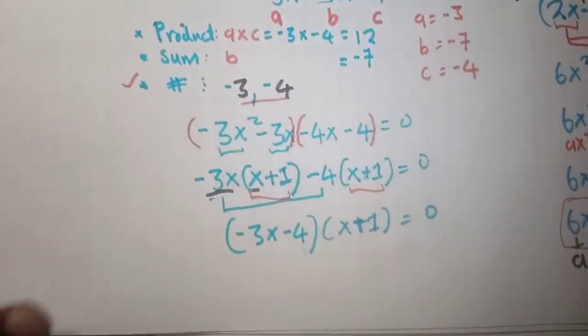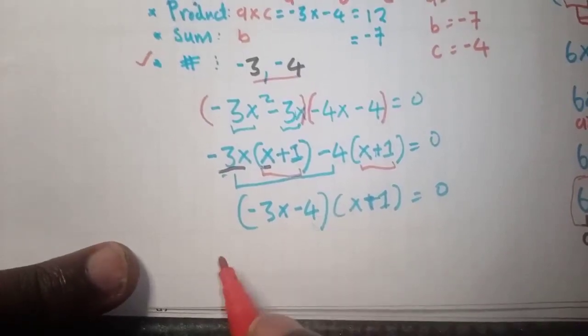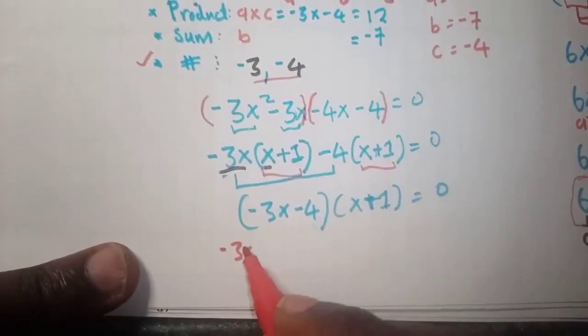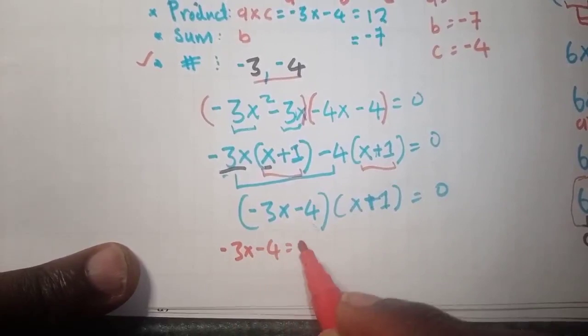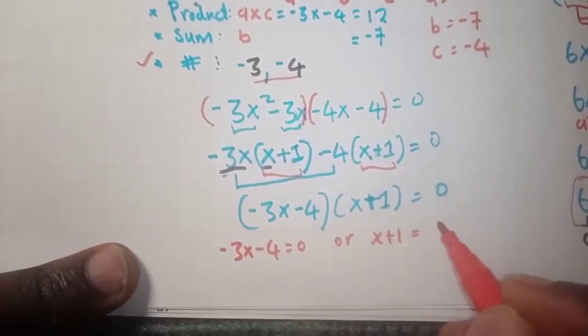After this you equate the factors to 0. So these are factors. Negative 3x minus 4 will be equal to 0, or this x plus 1 is equal to 0.